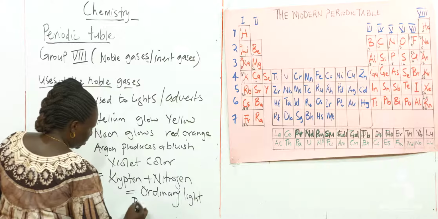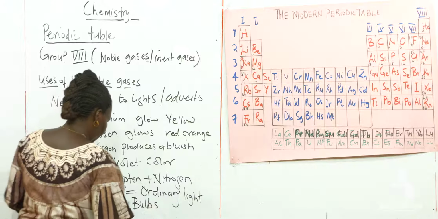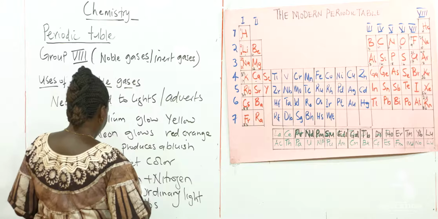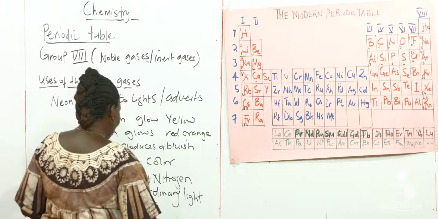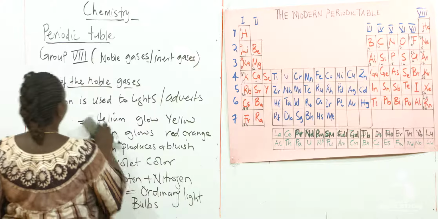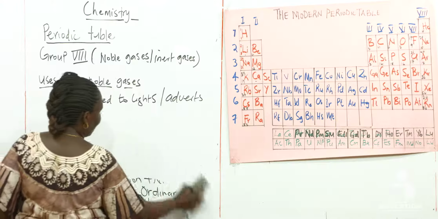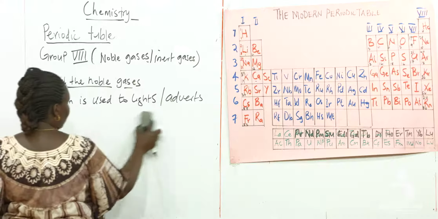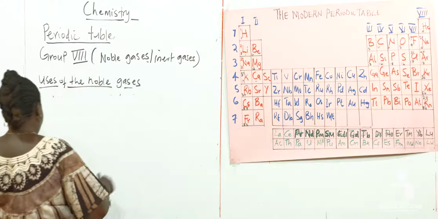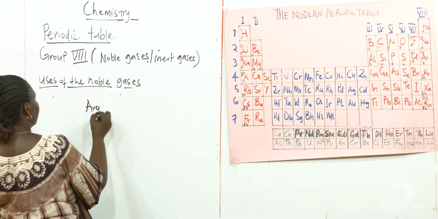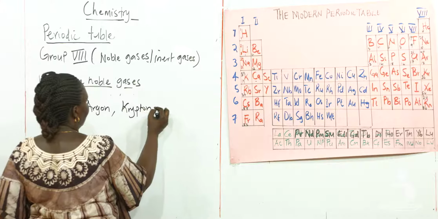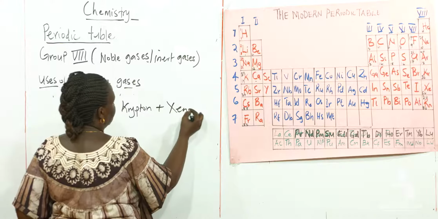If we need quality bulbs that can live for a long time, then those bulbs may contain a mixture of argon, krypton plus xenon.